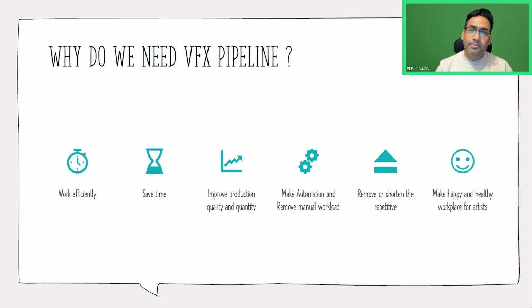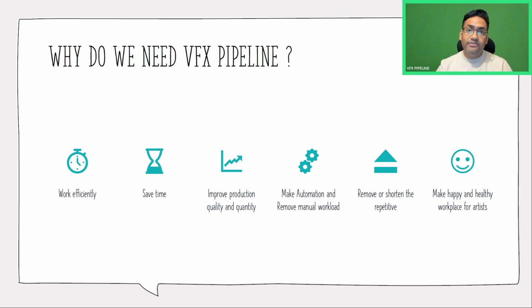You can save time. If you have properly implemented a VFX pipeline, that will save a lot of time, because most of the time we go here and there because things are not organized properly. But once we have the proper structure and pipeline, when everyone follows those SOPs, with a proper set of tools and everything in place, it helps us save production time, and that will improve the production quality.